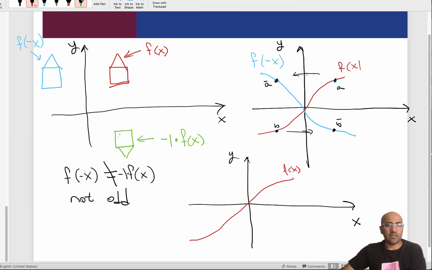So across the x-axis, this point would travel down here to be over here, and so this would end up looking something like this. It's really ugly, but what we end up getting here is -1 times f of x.